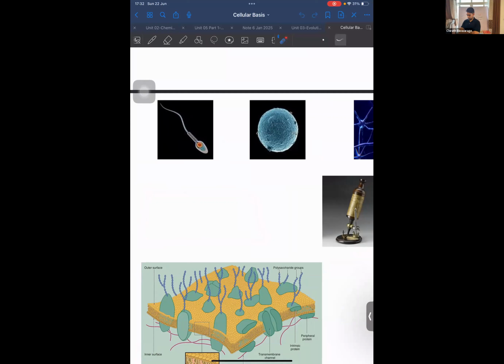Robert Hooke introduced the term cell to describe the basic compartments he saw under the microscope.